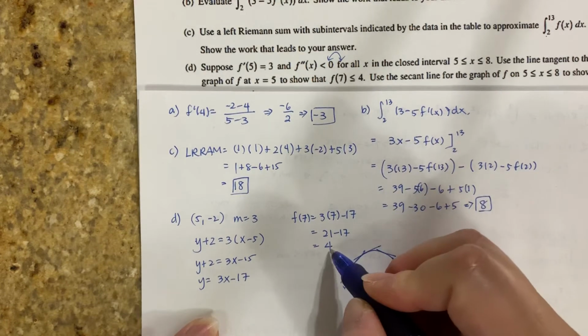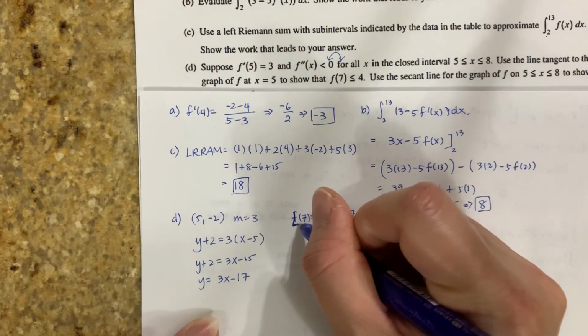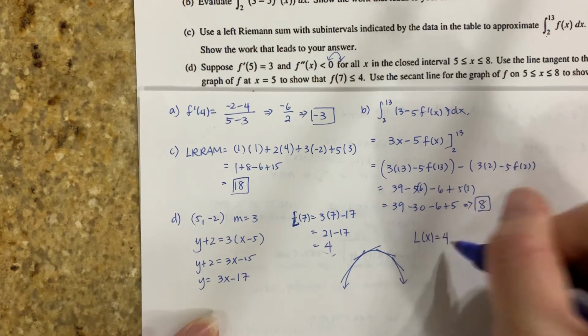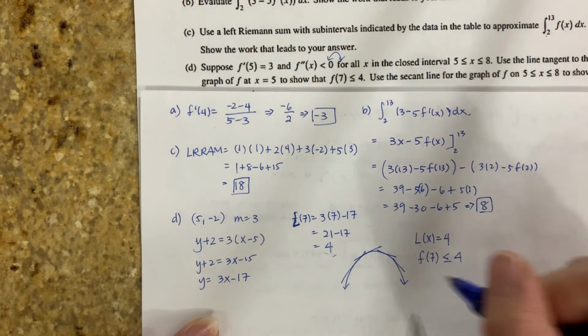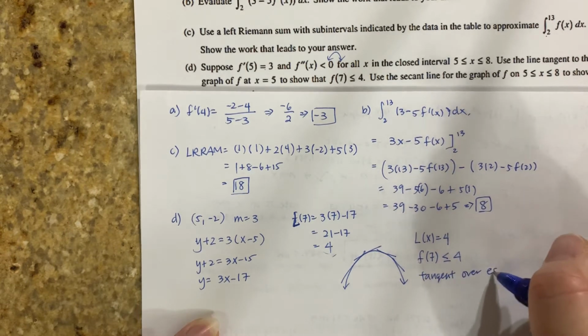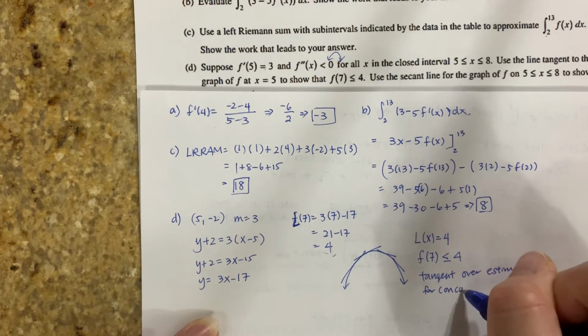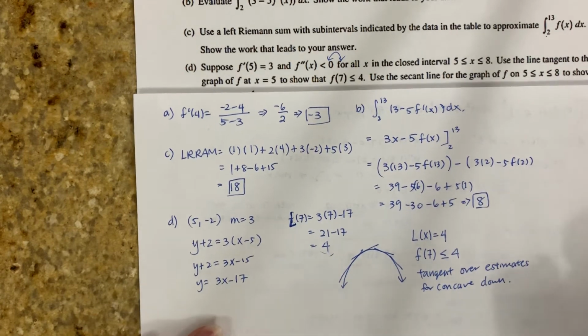So the exact value has to be less than or equal to my linearization. So if my linearization says 4, then the actual value has to be less than or equal to 4 because the tangent overestimates for concave down. Okay, so that's the first part.